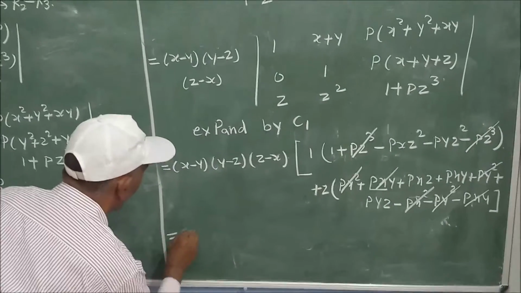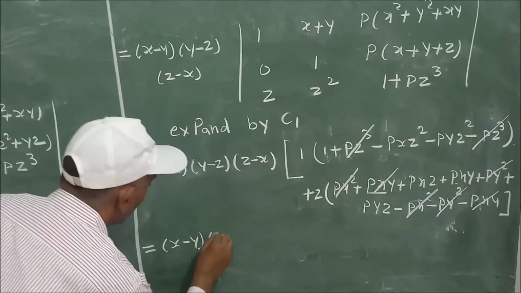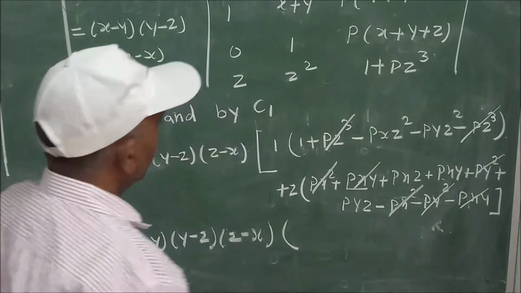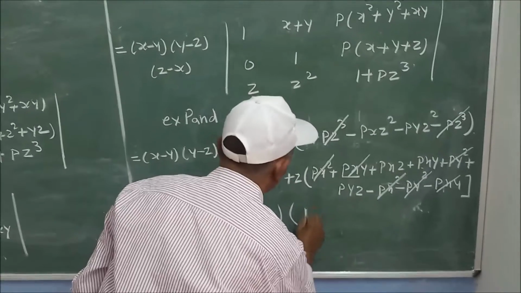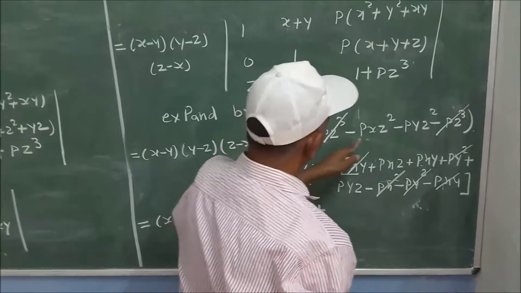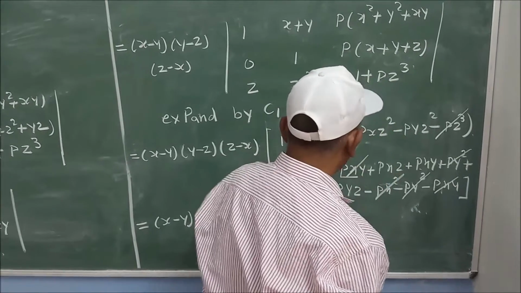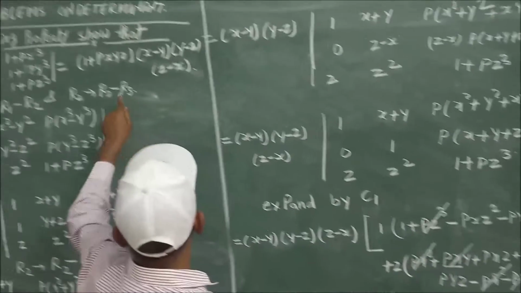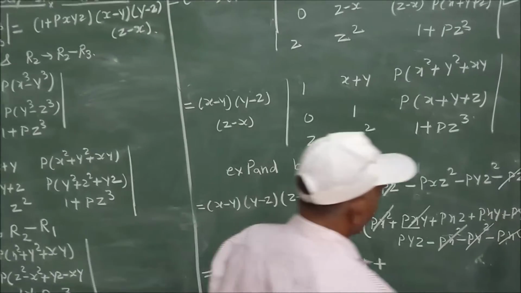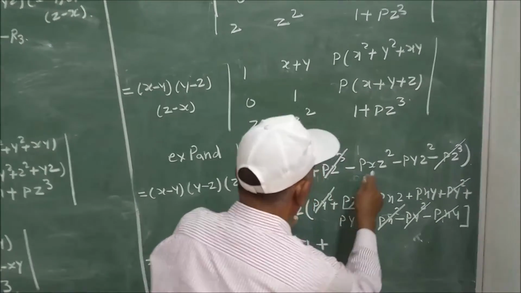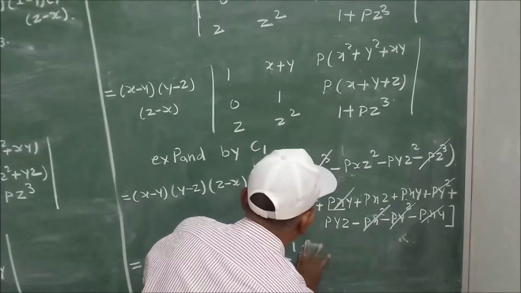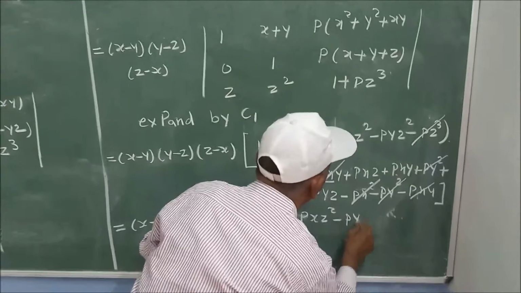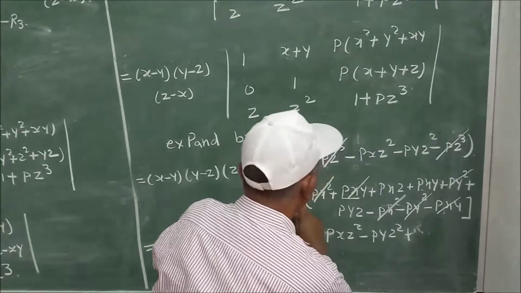So this will be equal to x minus y into y minus z into z minus x into, we can write 1 into multiply this term, 1 plus, here check here, pxz square, and again where is pxz square, we have to get pxyz, answer will be pxyz.